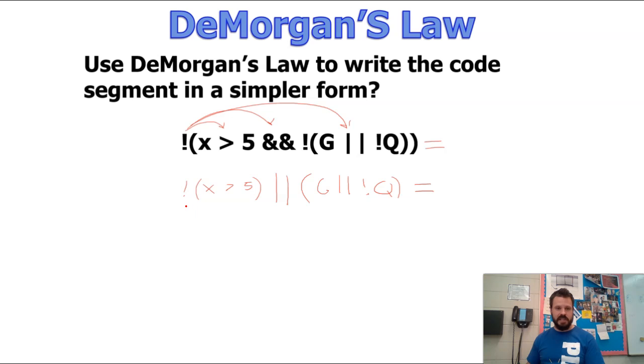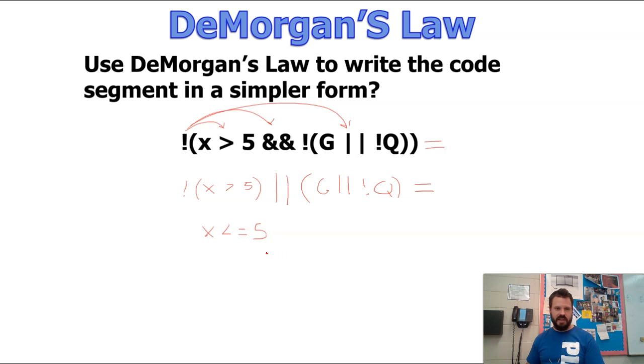Okay, so what does not x greater than 5 mean? Well, that just means that we can flip that around: x is less than or equal to 5. We're not talking math class here, we're doing programming, so we'll write it like that.